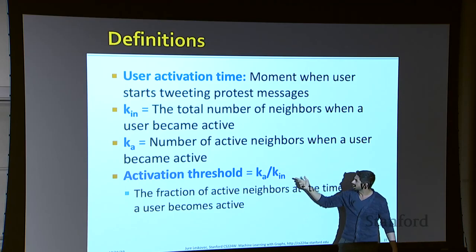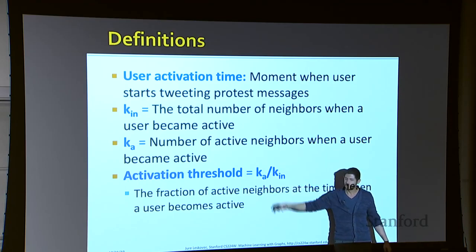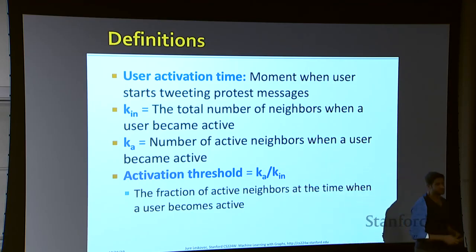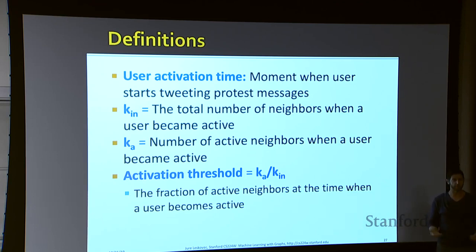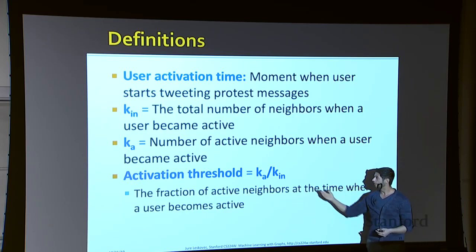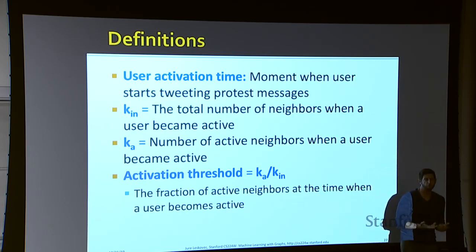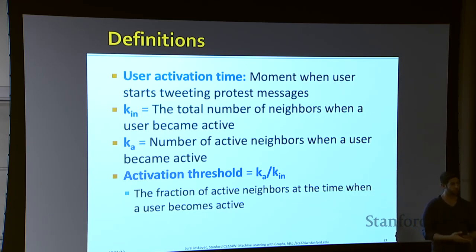Now, you can also think about the fact that this activation threshold is definitely changing depending on what cascade we're talking about, right? So say you're a Spanish citizen, this activation threshold might be very low for you, right? Because you care about your country and you want to make sure that everyone gets a job.